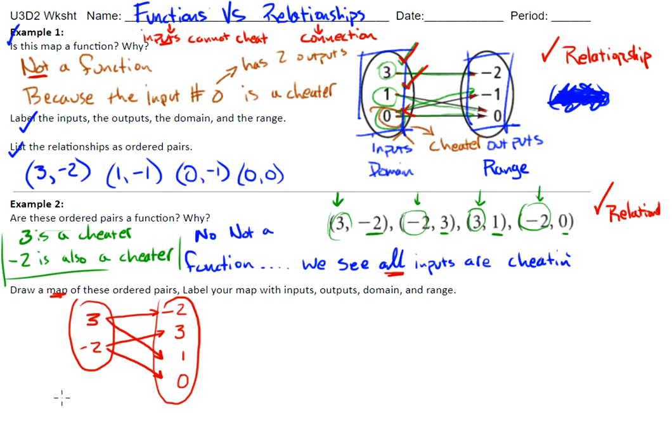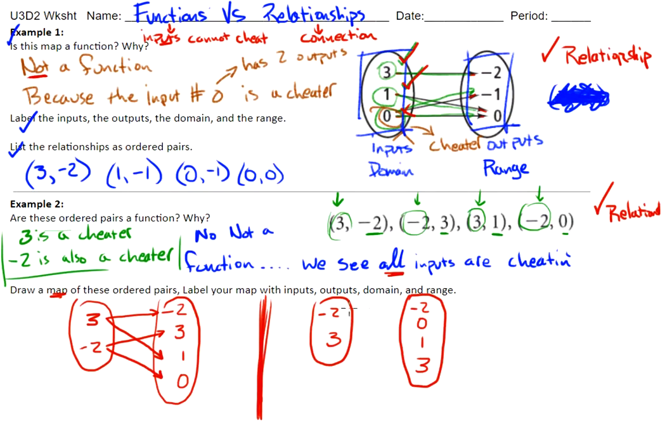This is a great way to do it, but my preferred way would be to list them in the correct order. On this side I would go negative 2 because that's small, and then 3 because that's bigger. And then over here I would go 0, 1. Actually, no, because what's smaller than 0? Negative 2, then 0, then 1, and then 3. It's the same numbers, just in a different order.